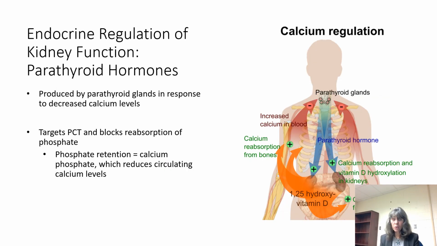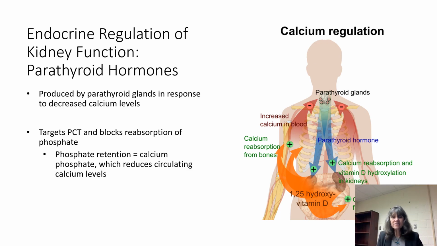Remember that parathyroid hormone is secreted by the parathyroid glands in response to low blood levels of calcium, and they stimulate osteoclasts to break bone down to release hydroxyapatite, and hydroxyapatite is calcium with phosphorus. We don't need excess phosphorus, we need increased calcium, and so the parathyroid hormone will target the proximal convoluted tubule to increase the reabsorption of calcium while blocking the reabsorption of phosphate.